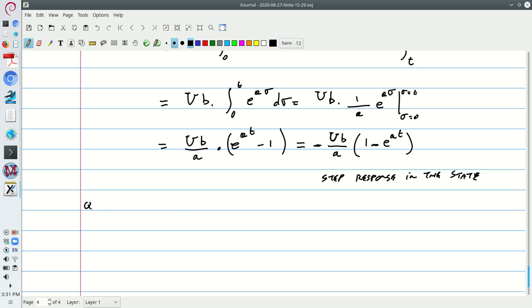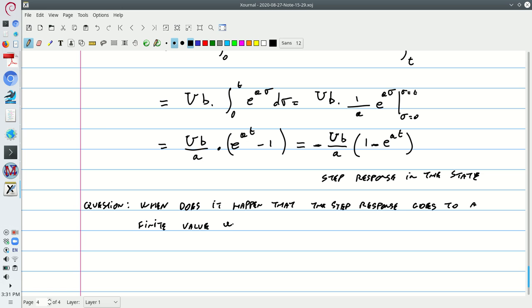So, question: when does it happen that the step response goes to a finite value when t goes to infinity?